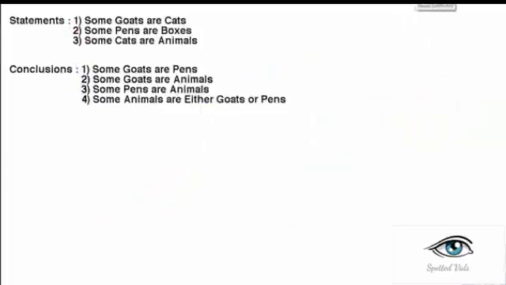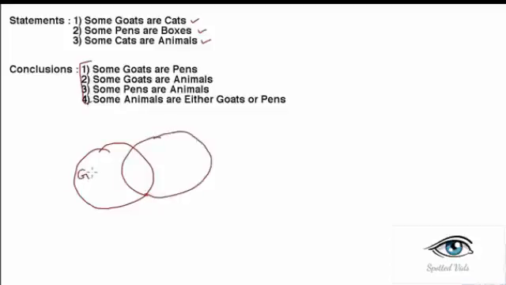Let's do another question. Some goats are cats. Some pens are boxes. And some cats are animals. Then there are 4 conclusions. So let's draw the diagram for these 3 statements. So first of all, some of the goats. So let's draw a circle for goats, and this one for cats.